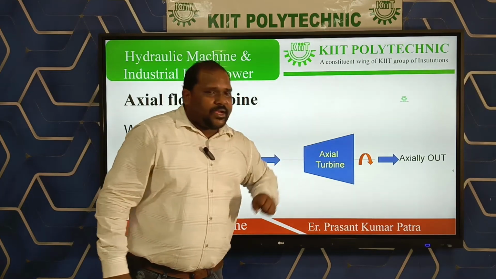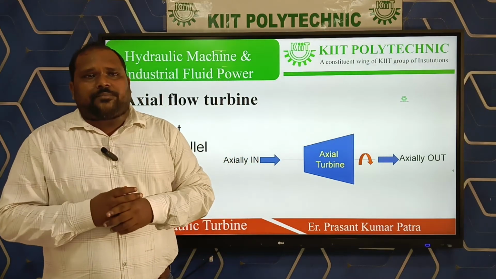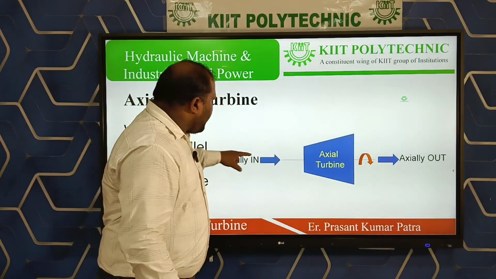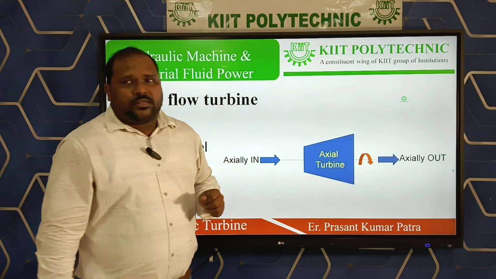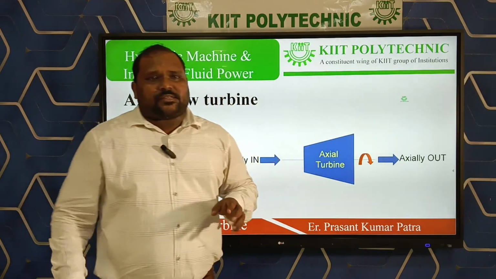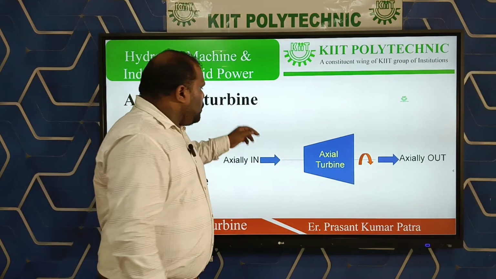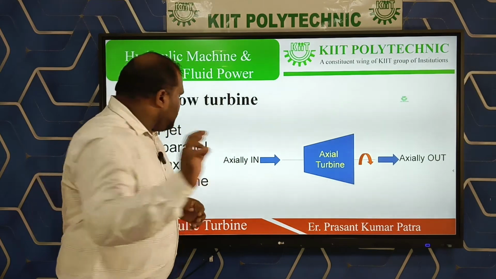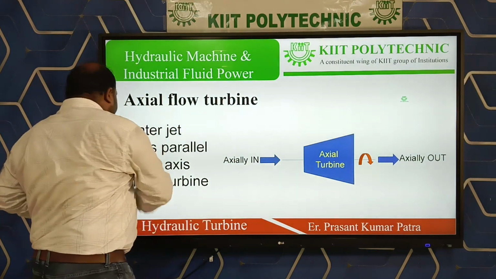This line indicates the shaft. When water enters into the turbine, it enters axially. When water exits the turbine, it exits axially. That means the arrangement of the turbine is like I am showing.